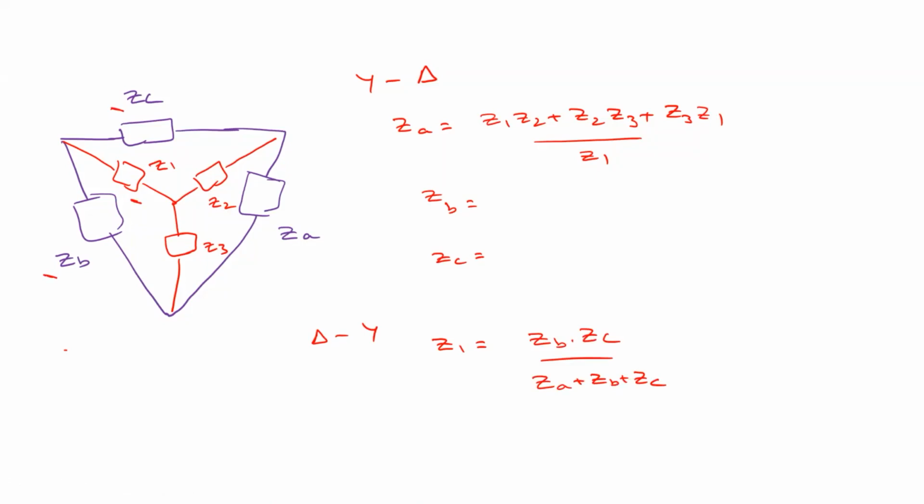Agree? Same thing. If Z1, Z2, Z3 are the same, in the case of star to delta it will be 3 times, and in the case of delta to star it will be 1 by 3 times. The same is applicable here.